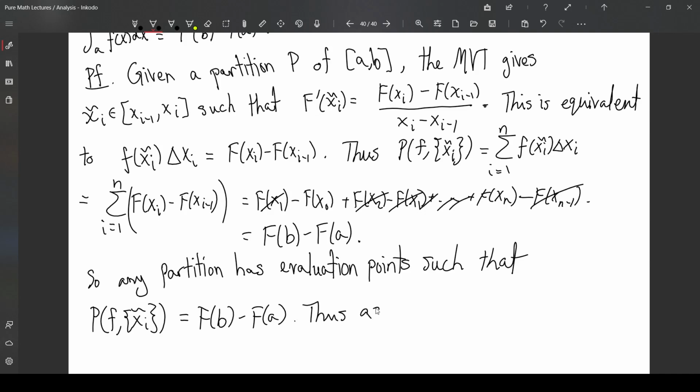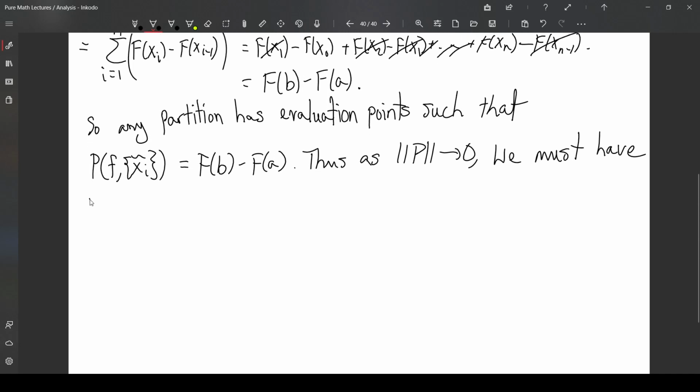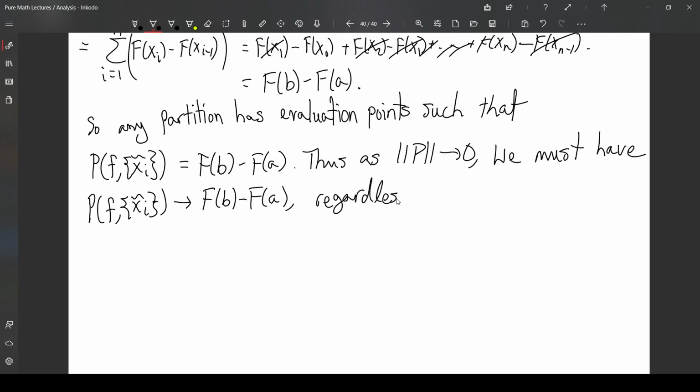Thus, as the mesh of P goes to 0, we must have that the Riemann sums are approaching F(b) minus F(a), regardless of evaluation points.